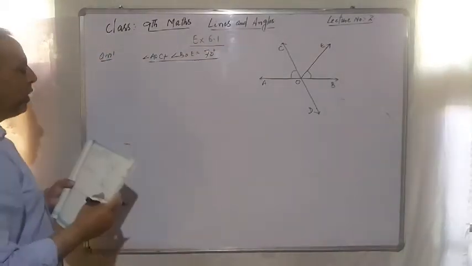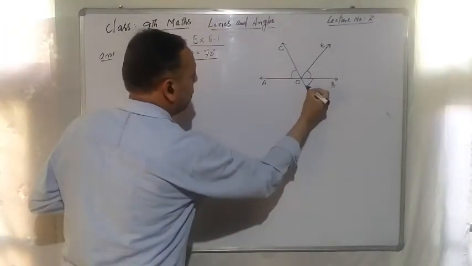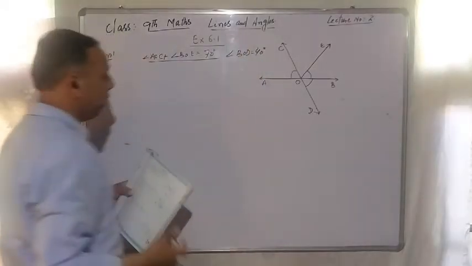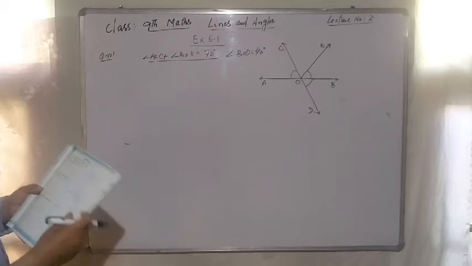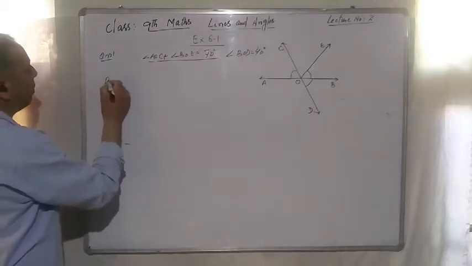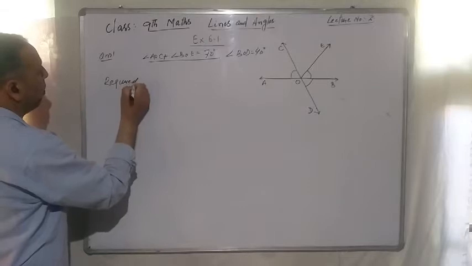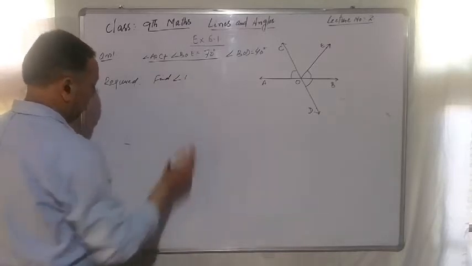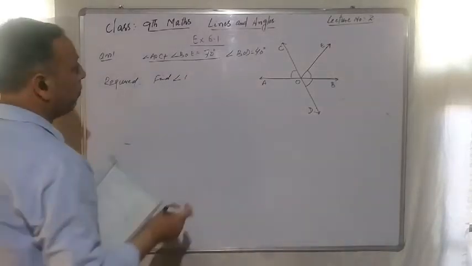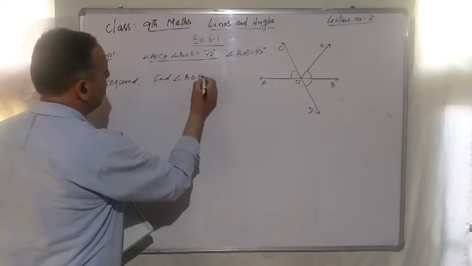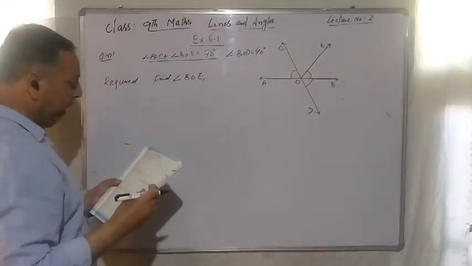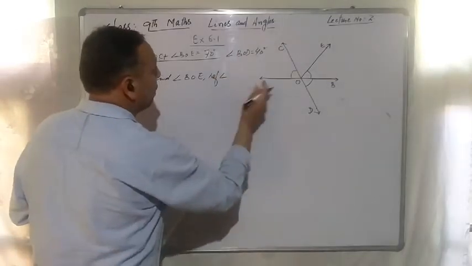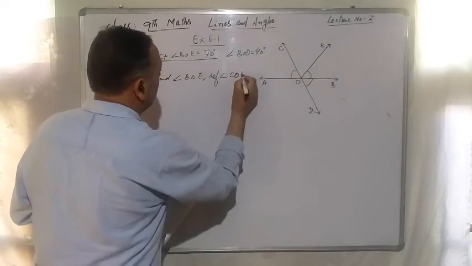And angle BOD is equal to 40 degrees. We have to find angle BOE and reflex angle COE. This we have to find out.